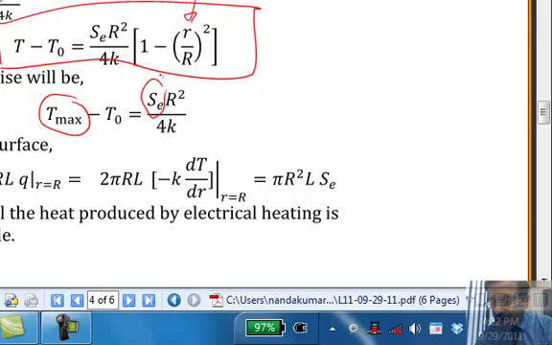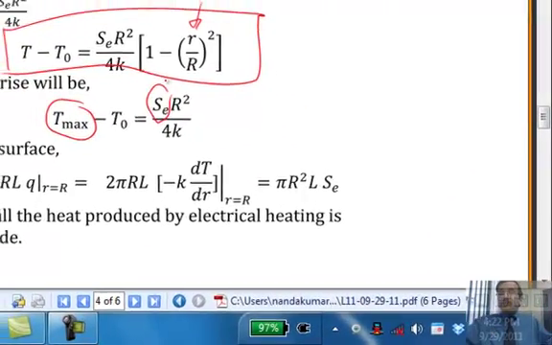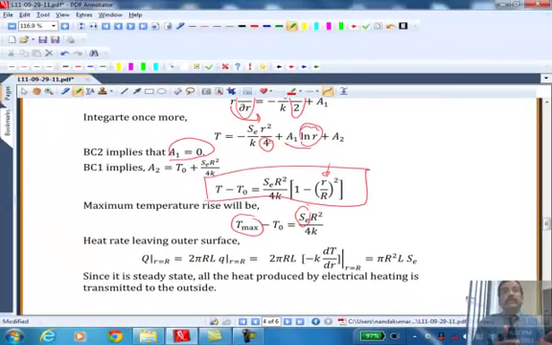How would you use this equation? You want to find, for a given load, S_E will be defined by the current and the resistance, I squared R, that quantity. Once you know the current capacity, you know S_E, and you can immediately find out what the maximum temperature will be.